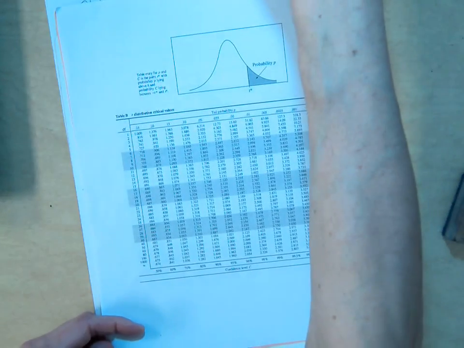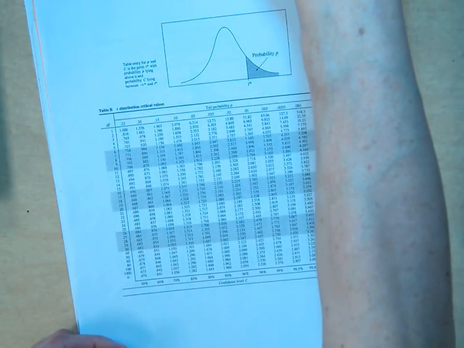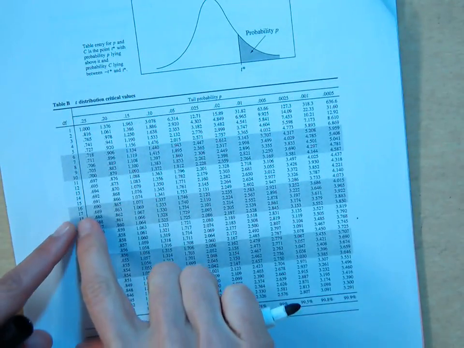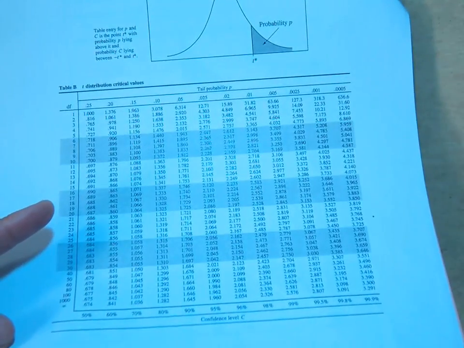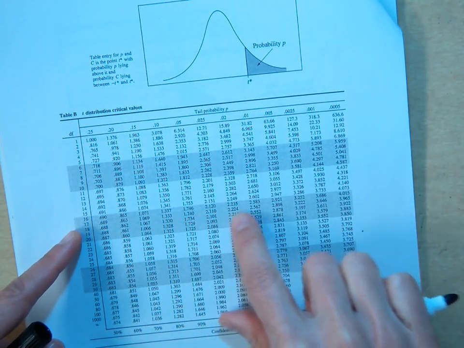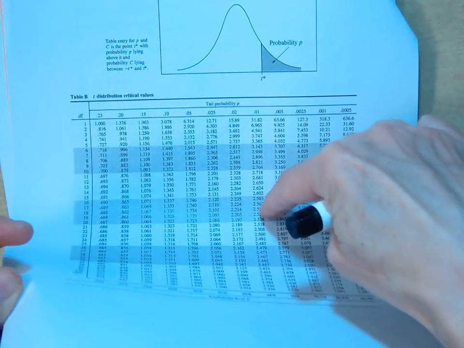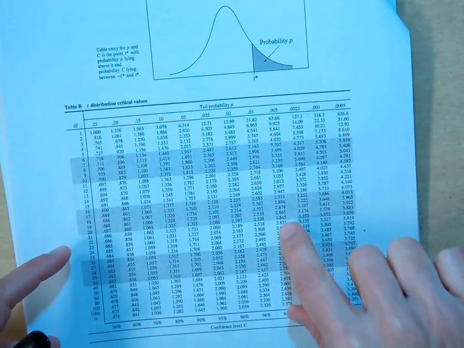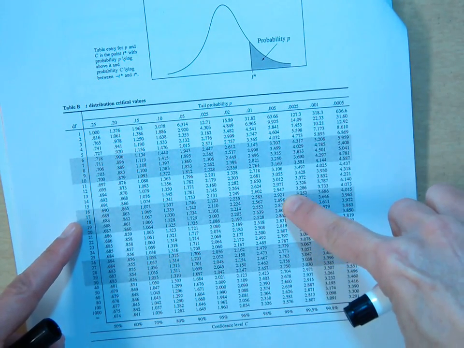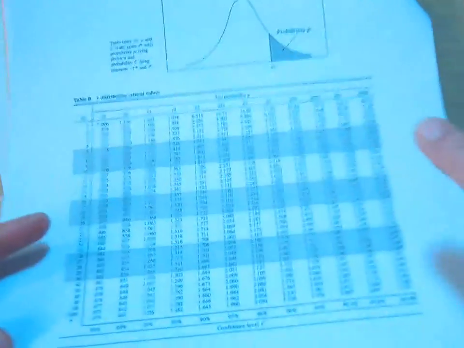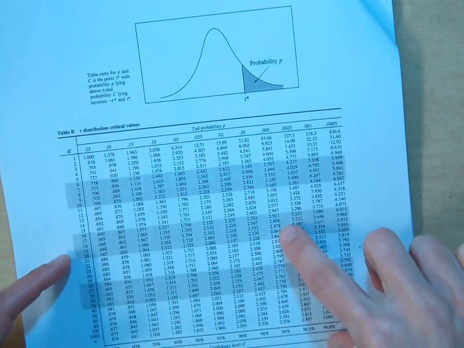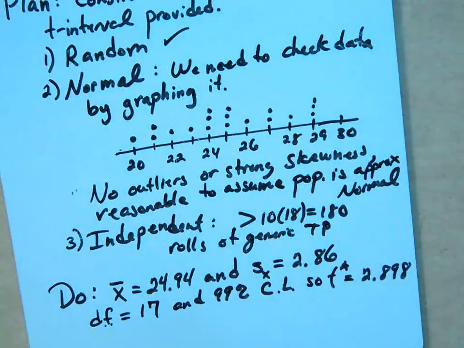Degrees of freedom 17, and then confidence level of 99%. So that leaves 1% in the tails, so it should give us 2.898. There we go, right here. 99% leaves us 0.5% in each tail.